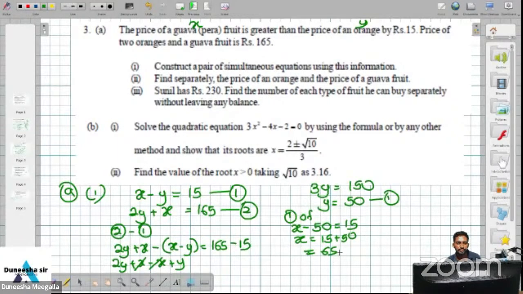So x is equal to 65 and y is equal to 50.